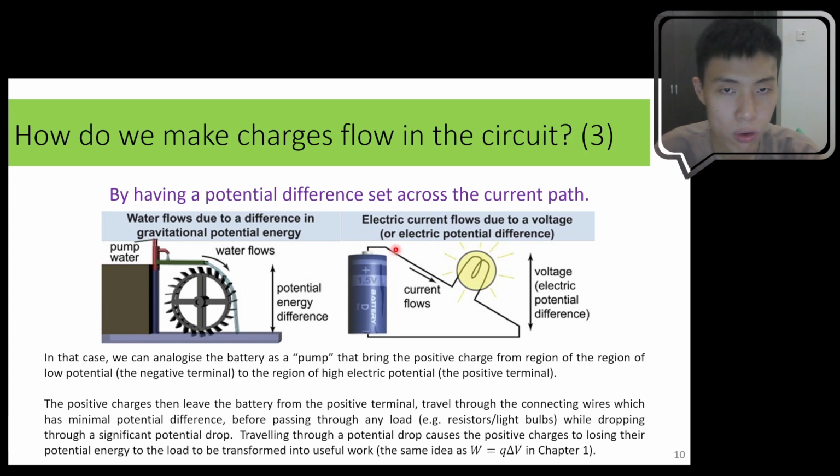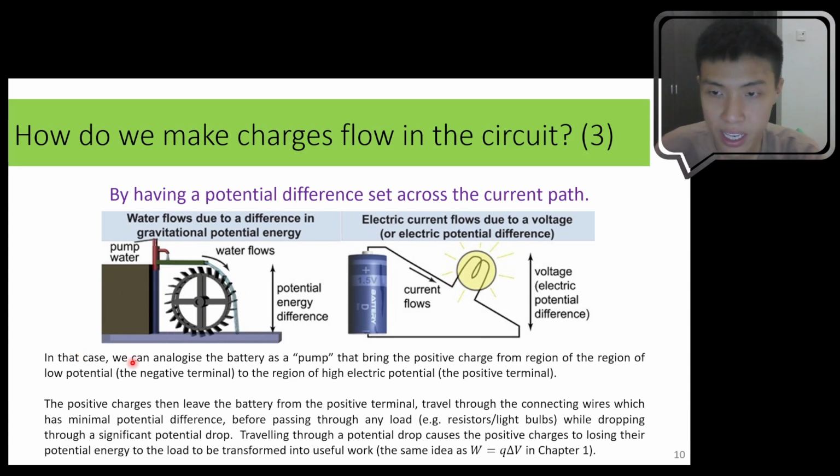So they will flow through the connecting wires, but as they pass through an electric component, let's say a light bulb, the electric potential energy will be converted to light energy to light up this light bulb, leaving the charges that pass through the electric component with minimal or zero potential energy. So when it has zero potential energy, it will come back to the negative terminal, waiting to be pumped up again to a higher potential region, and the cycle just follows.